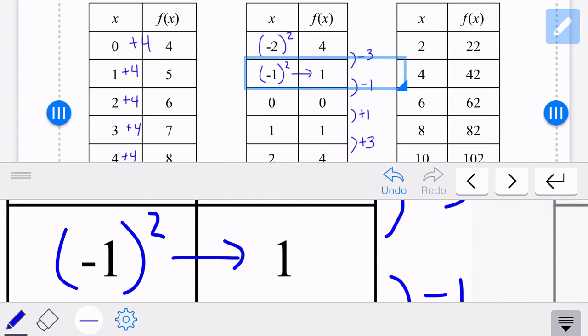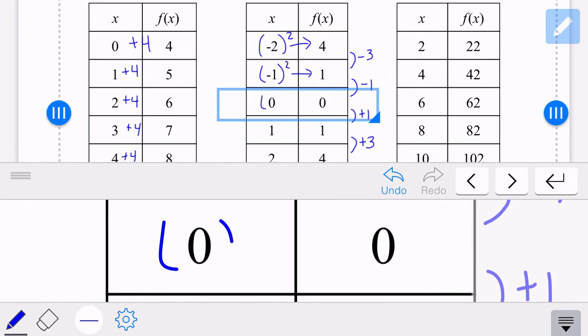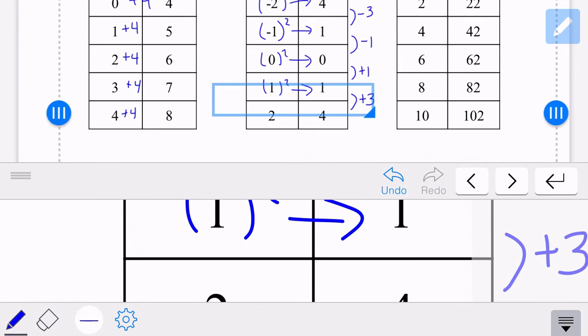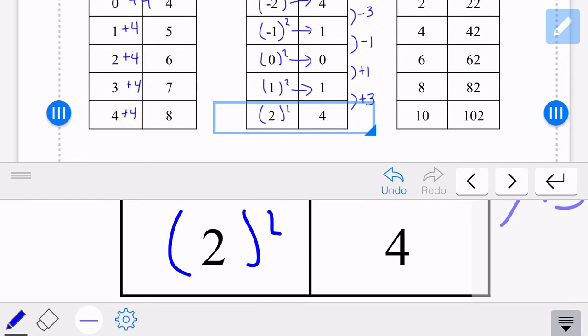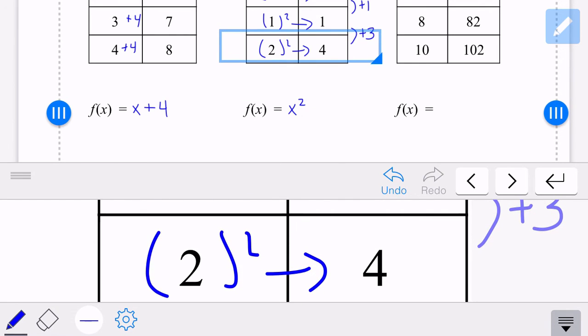Yep, that's going to give me +1. So that's good. What if you square 0? 0 times 0? Yep, going to give you 0. Squaring the 1, 1 times 1 again, yes, is going to give you 1. And then 2 squared is going to give you 4. So that one works. So that one is just going to be x squared. We're taking whatever our input is, and we are simply squaring it.